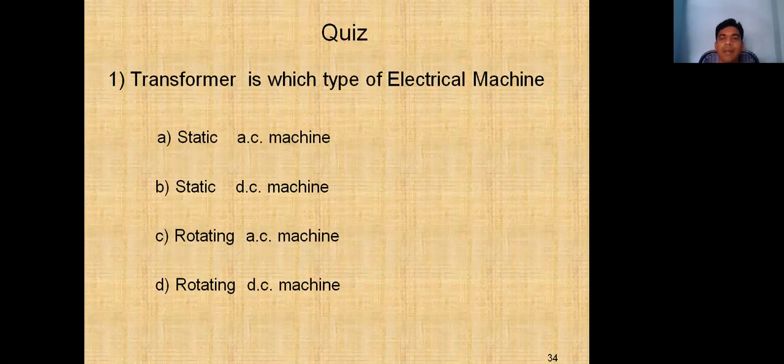Transformer is a static machine because there is no rotational part, and it is also an AC machine. It can't run on DC. Due to the alternating nature of the flux, EMF is induced in the secondary winding. The statically induced EMF, so it is a static AC machine.